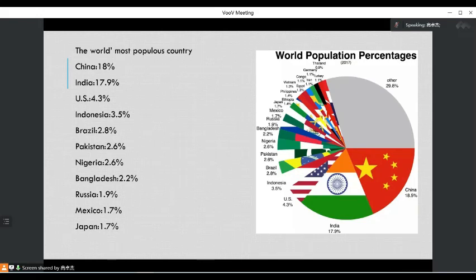Now let's compare a set of data to understand how obvious this feature of China as a populous country is. This picture is from the data of 2017. These data were collected in 2017, so there is a little difference.